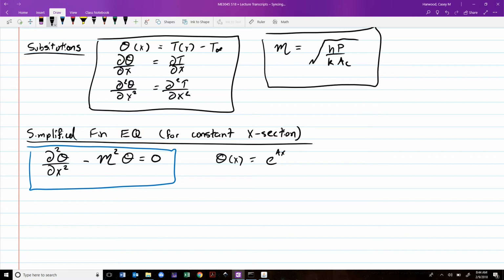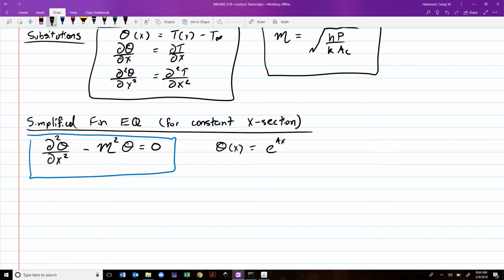If we plug this in, what we find is that there are actually lots of different choices of a that work. And so what we find for our general solution, the set of all possible solutions to this problem, is that theta(x) is equal to some constant C1 e to the mx plus C2 e to the negative mx.